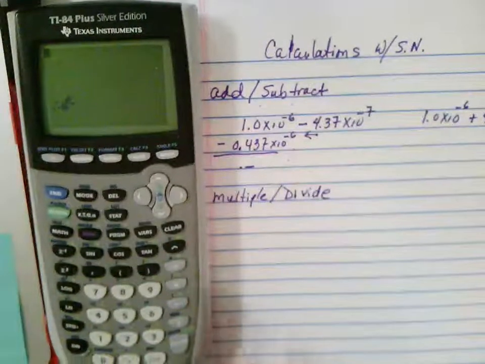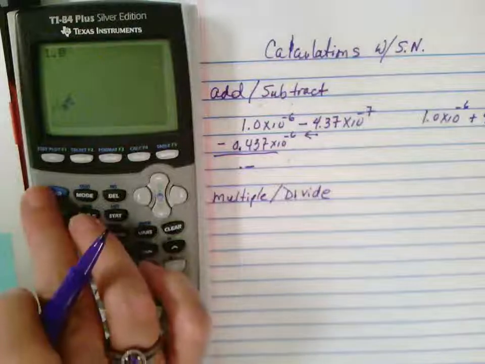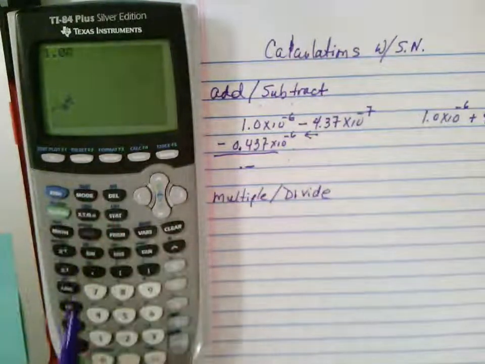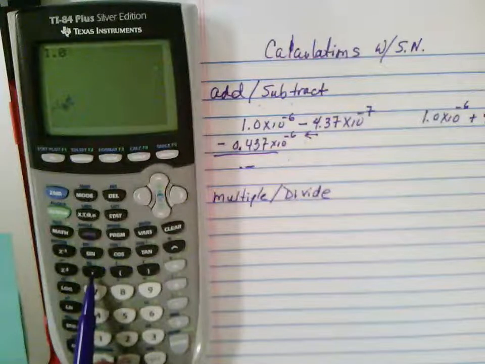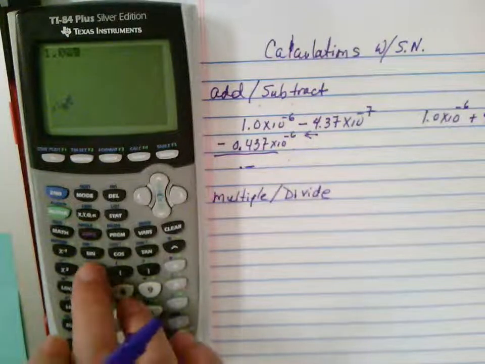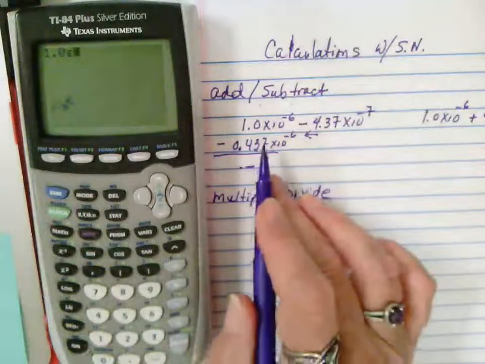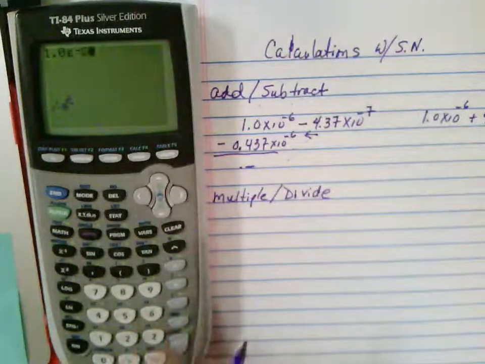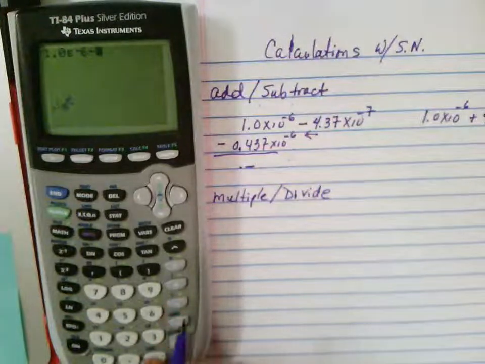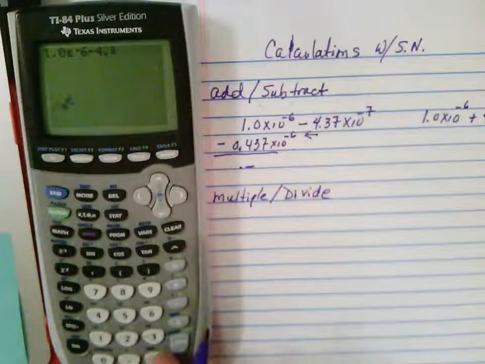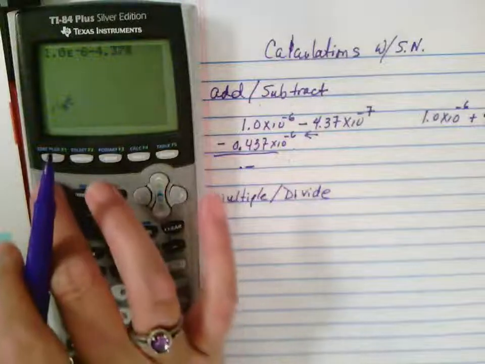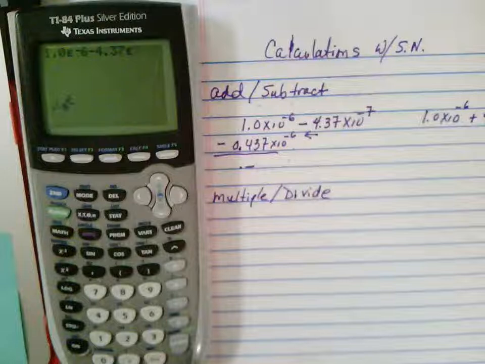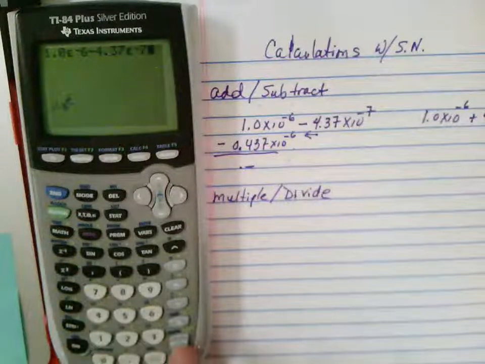I'm going to put in 1.0, and I hit the second button, and then I hit the button above the comma sign where that EE is. And then I'm going to put in, this down here is my negative, 6, and I'm going to subtract 4.37. Again, the second button, EE button, and I'm going to put in negative 7.